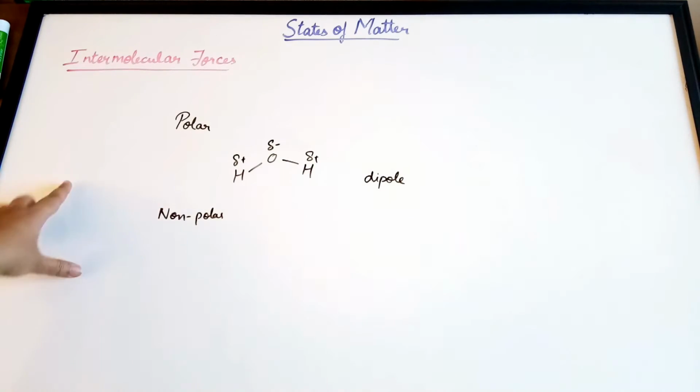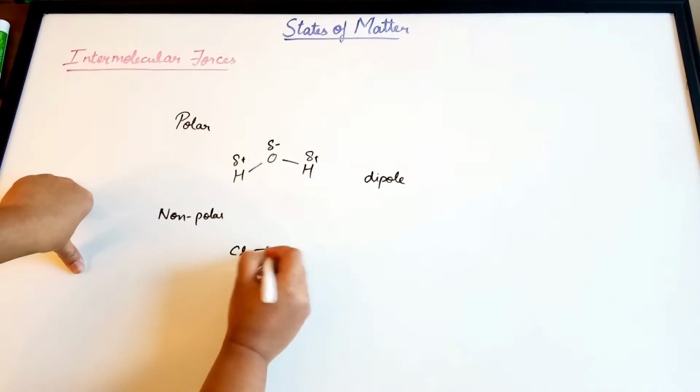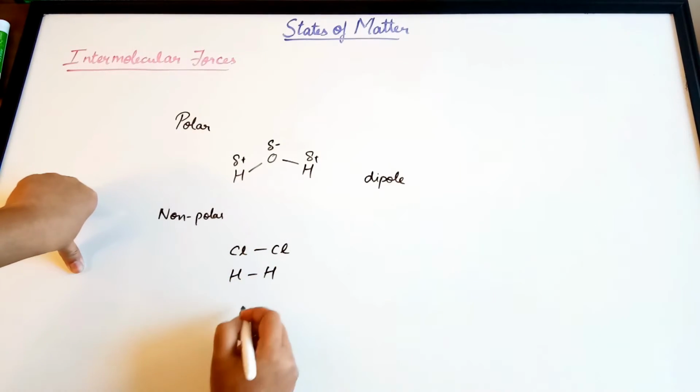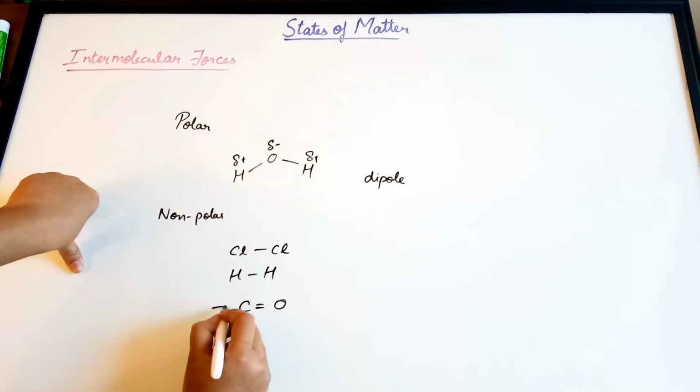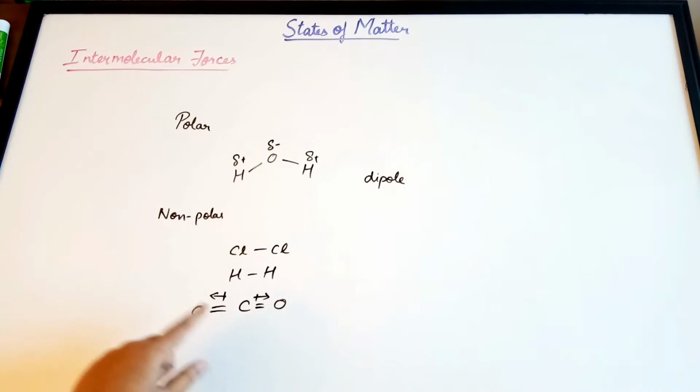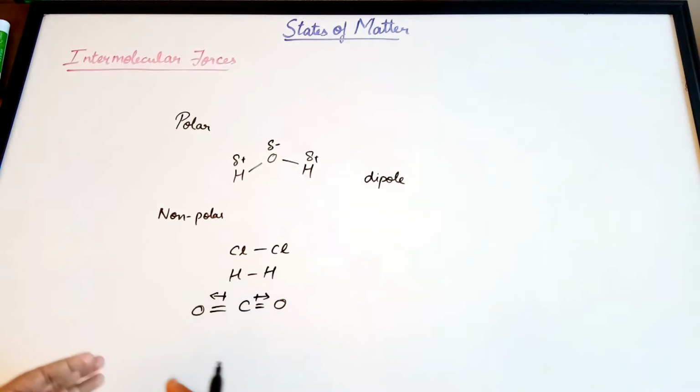So examples of non-polar molecules could be the chlorine molecule, hydrogen molecule, and even carbon dioxide is considered non-polar. This is because the dipoles are on opposite sides. Oxygen is more electronegative than carbon, and these two generally cancel each other out. So carbon dioxide is also considered non-polar in nature.